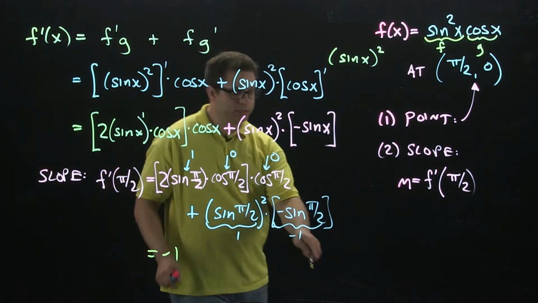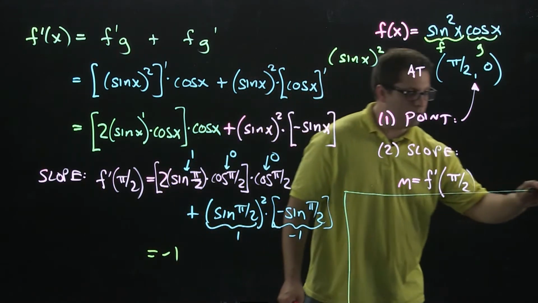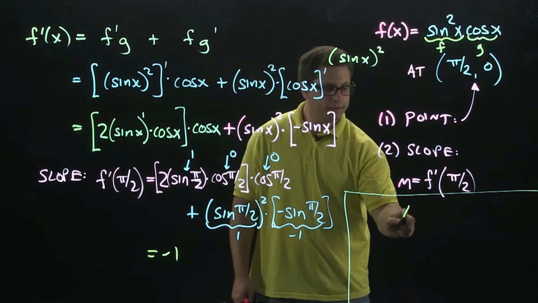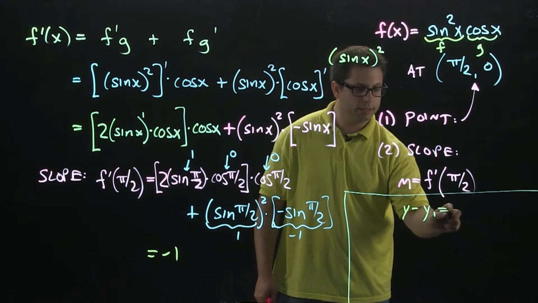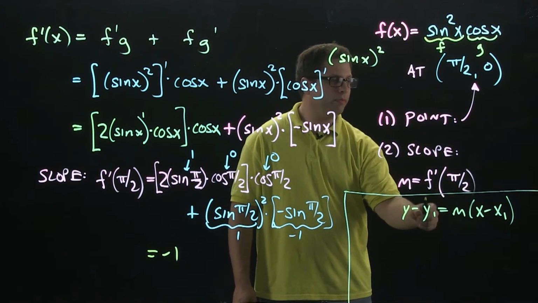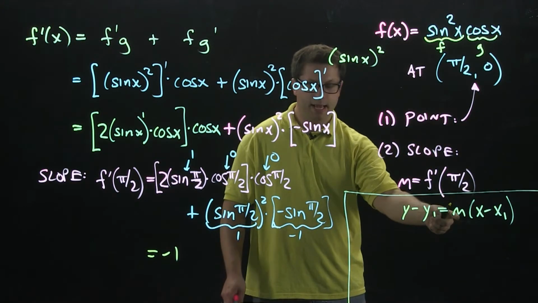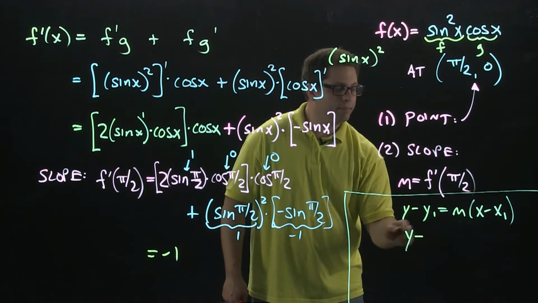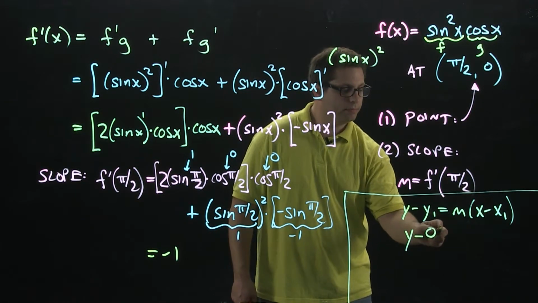All right, so let's go ahead and do this point slope formula to find the equation of this line. Now the formula is y minus y1 equals m times x minus x1, where x1 and y1 is our point, and m, our slope, is negative 1. All right, so we got y minus y1, which is 0.